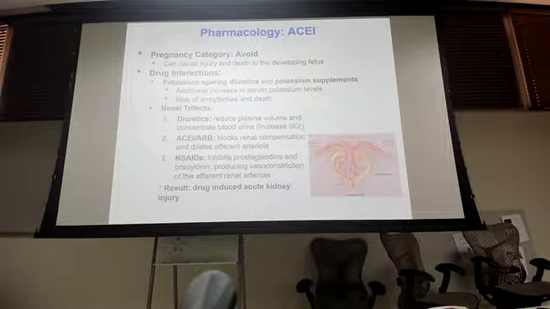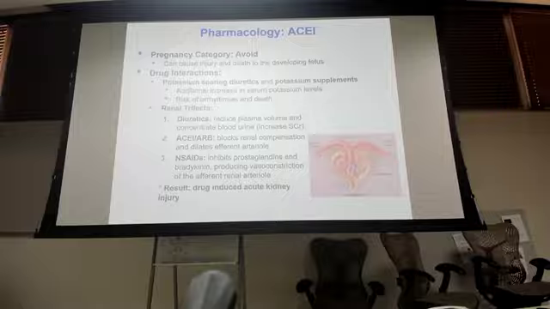Diuretics are going to reduce the plasma volume, and it's going to concentrate the blood and urine. So it's going to increase your serum creatinine. ACE inhibitors and ARBs are going to block, like we showed in the little chart, the renal compensation, and they're going to dilate the efferent arteriole.